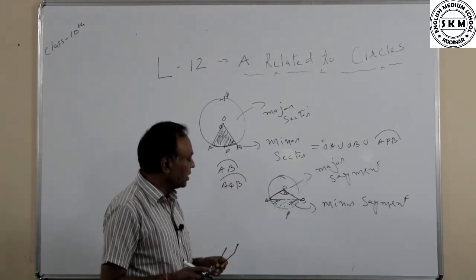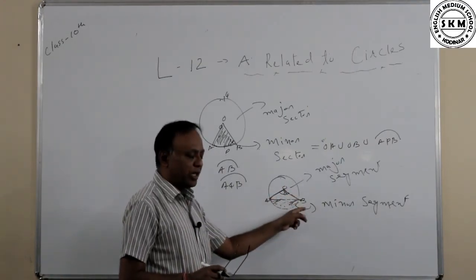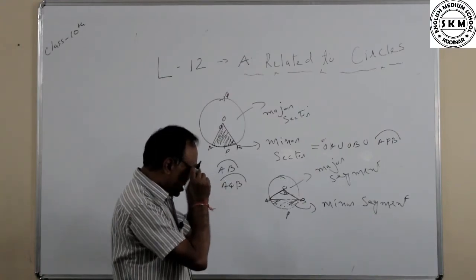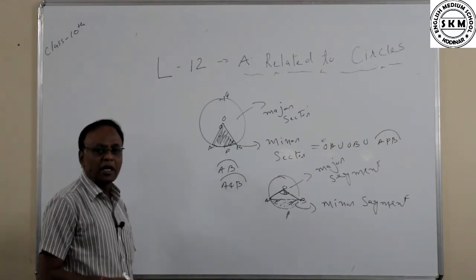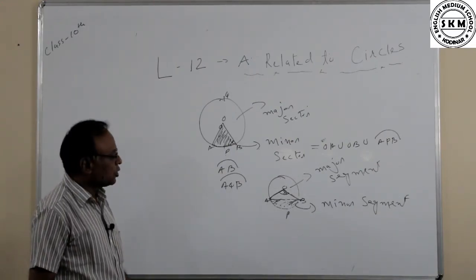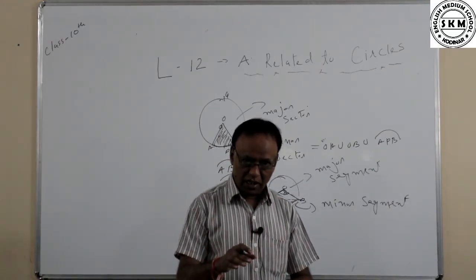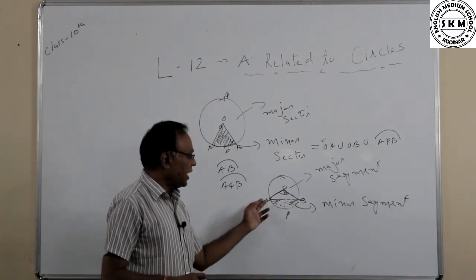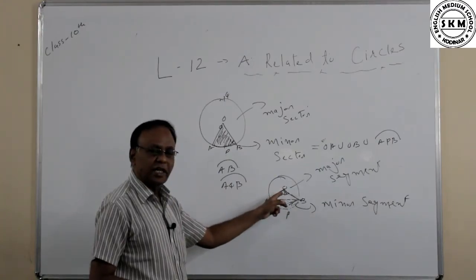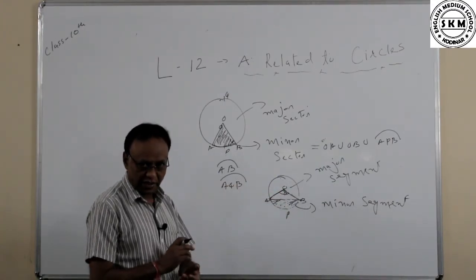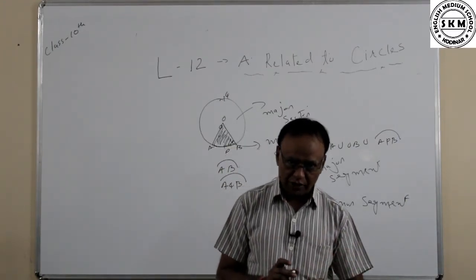Angle subtended by the arc or chord at the center is AOB, and I take it as theta, a Greek letter. So here AOB is an angle subtended by the arc APB at the center, and I say it is theta. It is a Greek letter, theta, beta, alpha, whatever you can take.